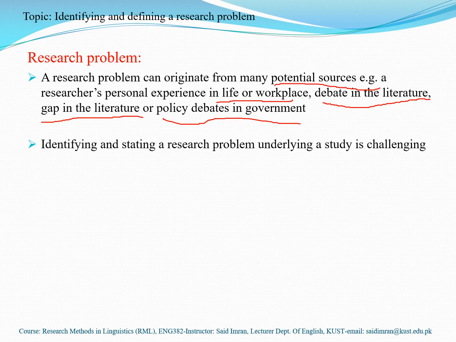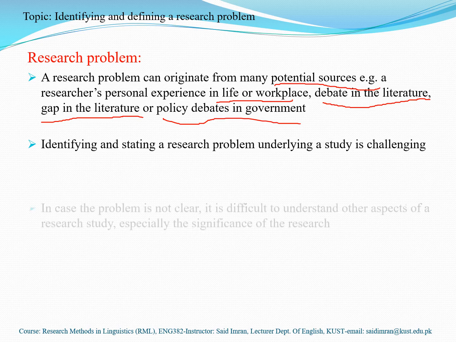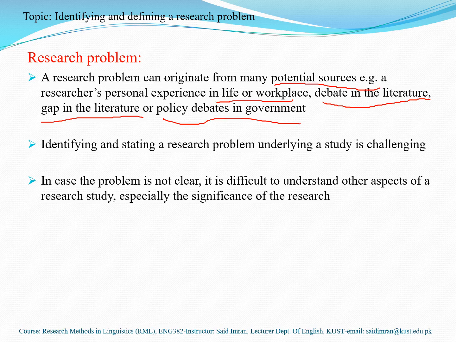Identifying and stating a research problem underlying a study is challenging. Yes, it's not easy to identify and state a research problem for a study. If the problem is not clearly stated, identified, or formulated right from the start, it would be very difficult later on to understand other aspects of the study, especially the significance of the research, because the significance of the research is linked with the research problem.